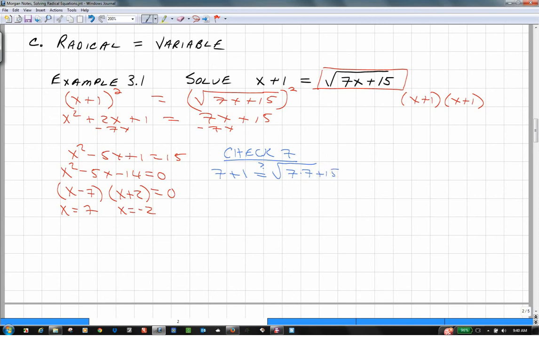So 7 plus 1 is 8. Is that equal to the square root of 49 plus 15? Is that true? 8 is equal to the square root of 64. 8 equals 8. That's good, so I'm going to circle it. Let's check the negative 2.